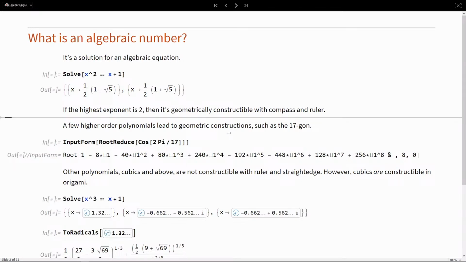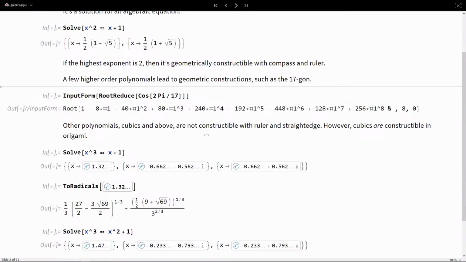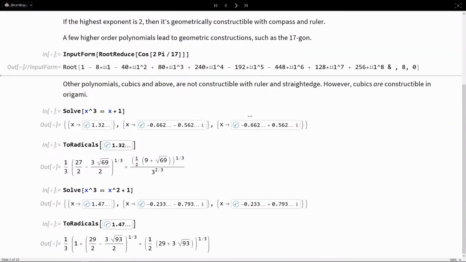If the highest exponent is 2, the number is geometrically constructible. And there are a few other higher order polynomials, which we'll get to, such as this one for the 17-gon, which are also constructible. But cubics and above are not constructible.